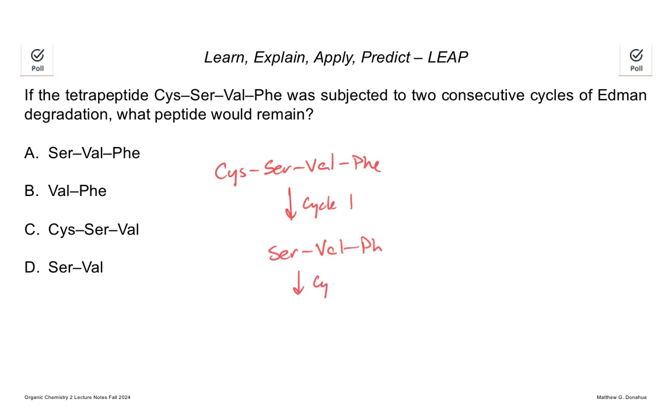Cycle 2. So with each one, off the first one, you would determine it was Cys at that N-terminal and then Ser at that N-terminal. And so this would leave us with B.